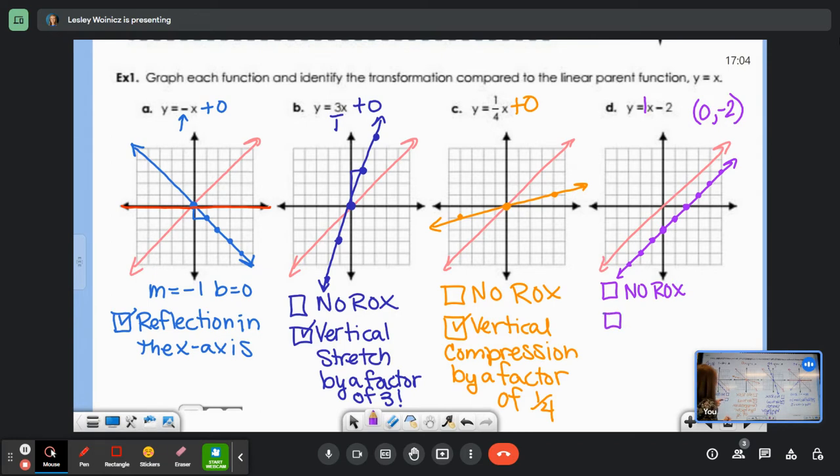We have no vertical stretch or vertical compression, but we shifted. So we translated or shifted down 2 units.